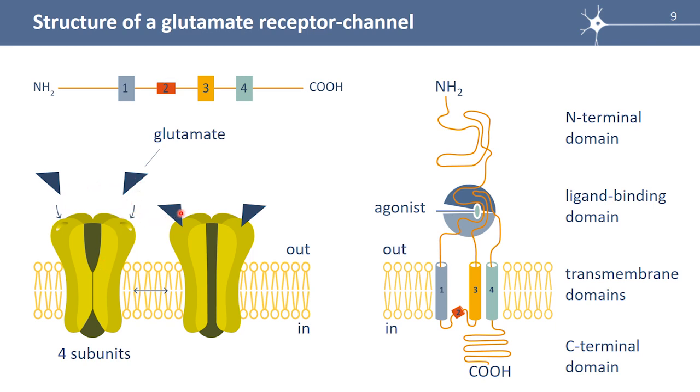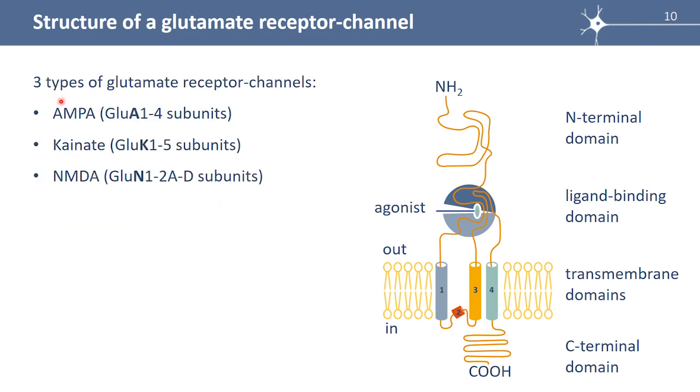When the glutamate binds to these receptor sites, the channel opens and ions can go through. We see here the 3 types of glutamate receptor channels, the AMPA channels, kainate channels, and NMDA channels. They are named after the agonist that opens them. All of them are made up of 4 subunits like that.